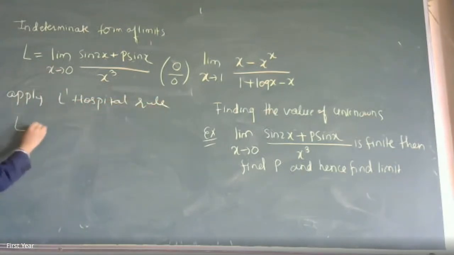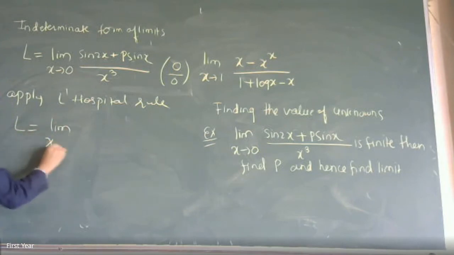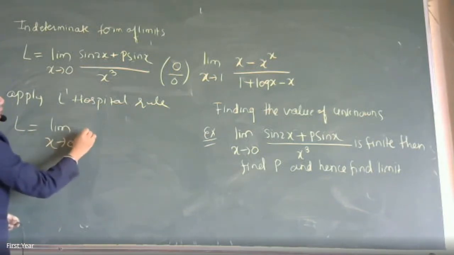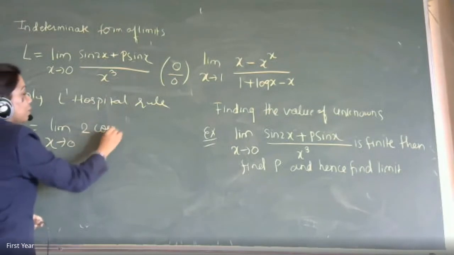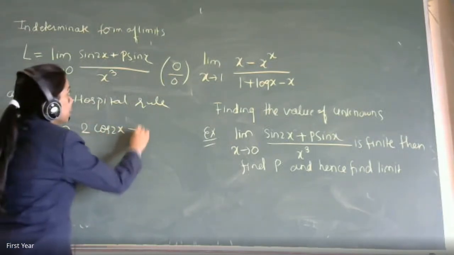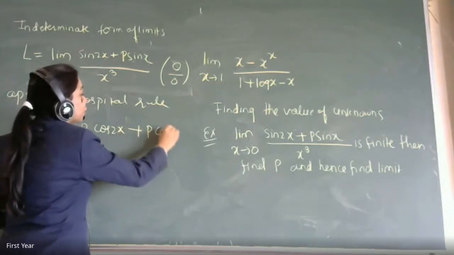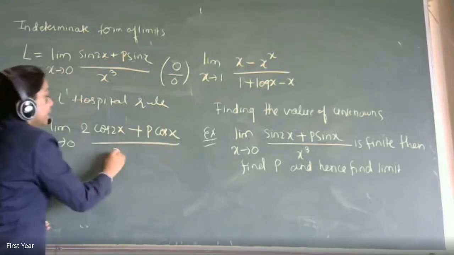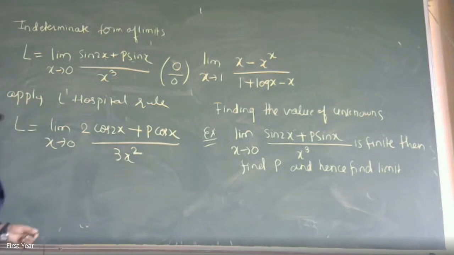What will we get? L is equal to limit x tends to 0. Derivative of sin 2x is 2 cos 2x. Writing it directly, okay? 2 cos 2x plus p into derivative of sin x, which is cos x, divided by the derivative of x cube, which is 3x squared.